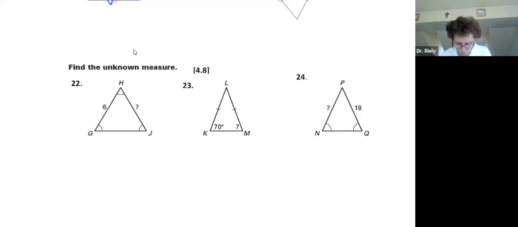For 22, 23, 24, they asked you to find the unknown measure, so that's the question mark.